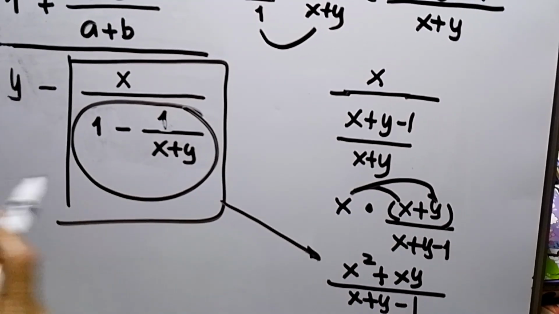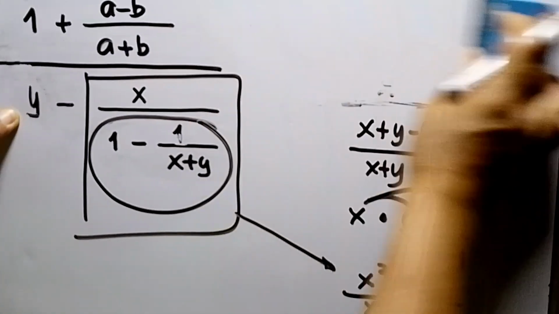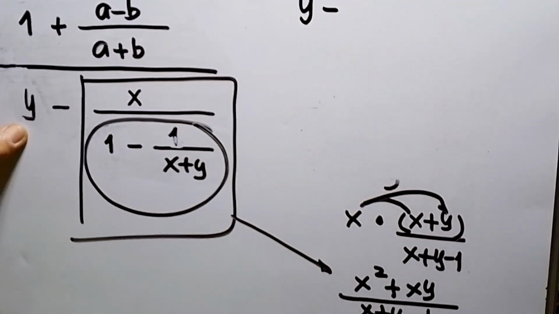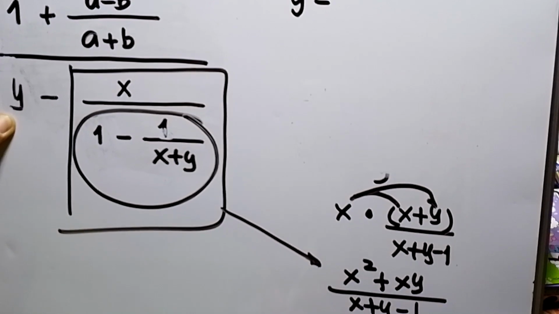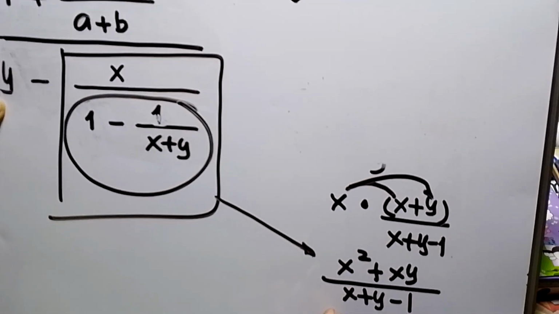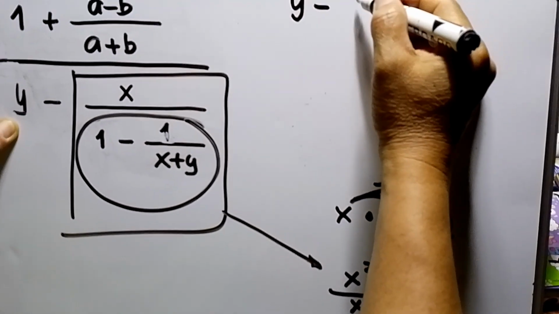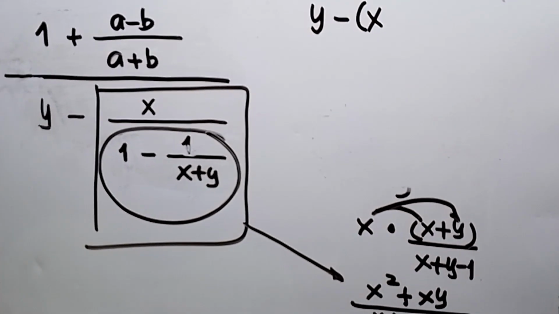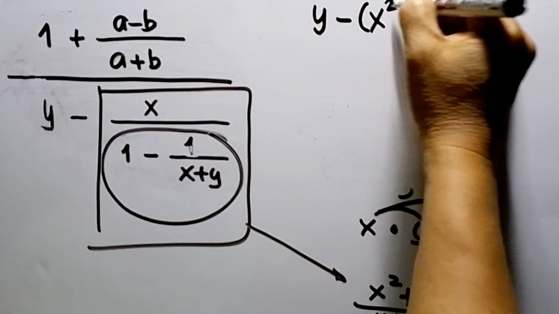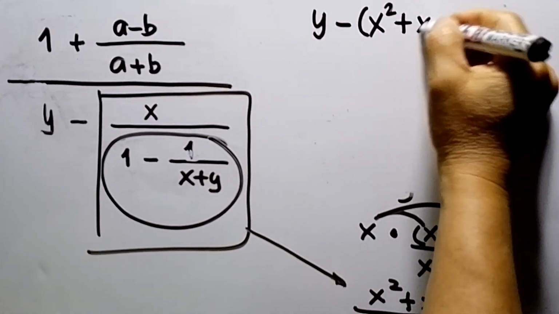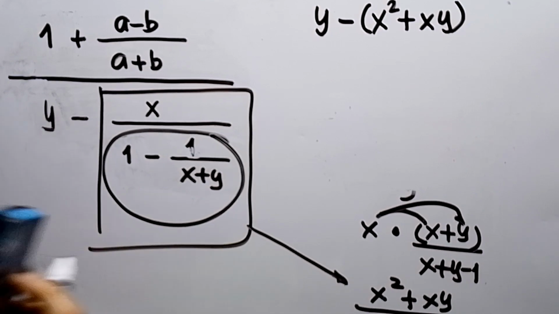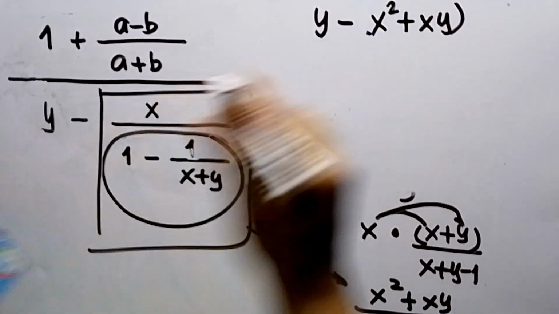So I need to solve again this one: y minus this one. So for x squared plus xy, I need to put round brackets, or I will put square brackets.